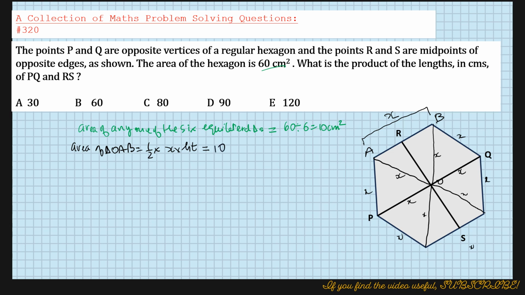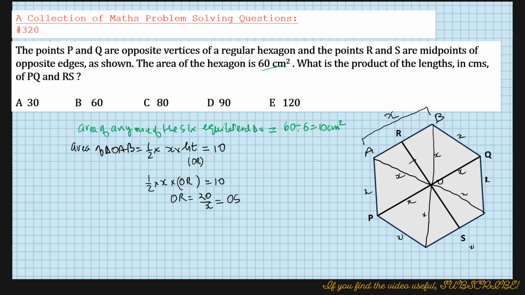and that would equal 10. So here the height is OR, so I can write half times x times OR equals 10. So OR would be 20 divided by x, and that is also equal to OS.